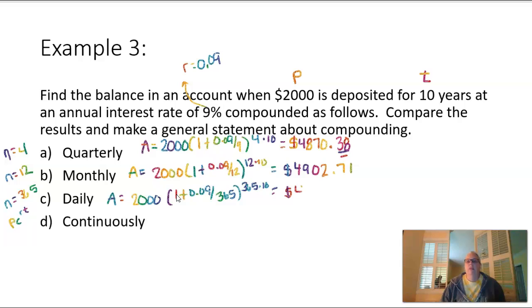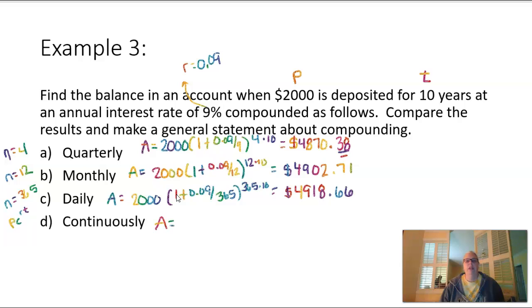And this is giving me $4,918.66. So this is a little disappointing because just going from monthly to daily, our increase was only $16, or almost $16, and that was it. All right, let's see what continuous is going to do for me.